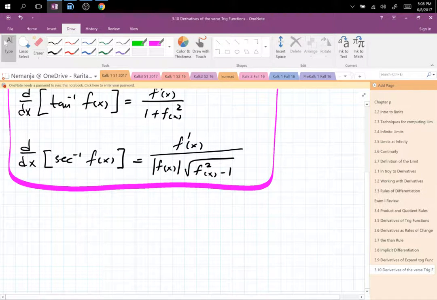As I said, it's an extremely short section. So what is the derivative of inverse tangent of x squared minus 3?